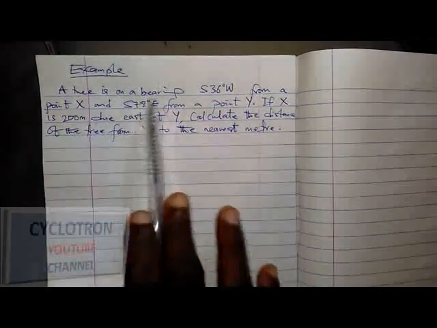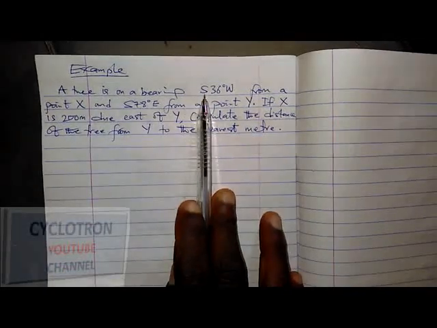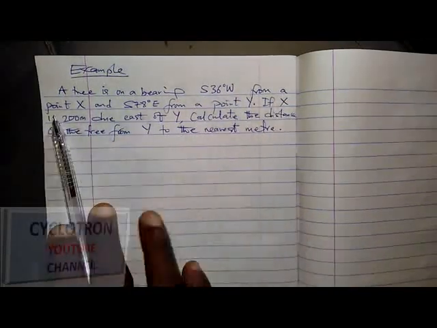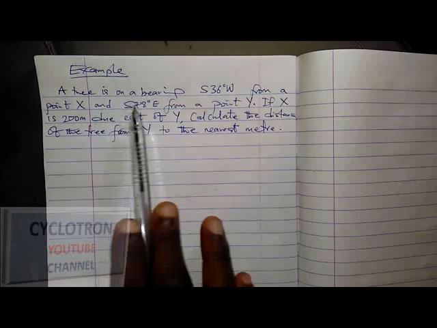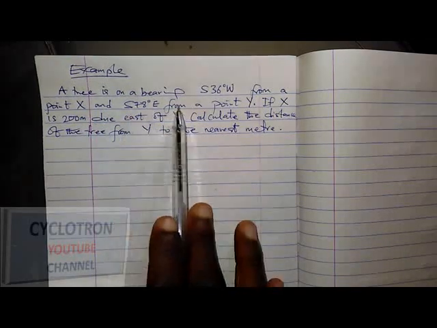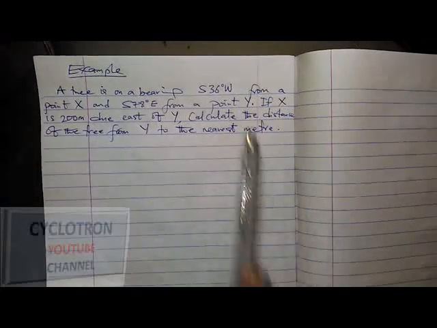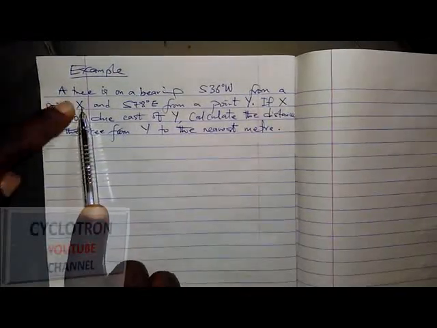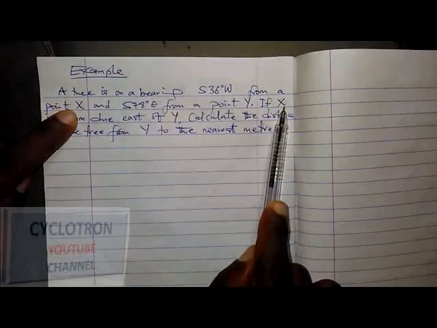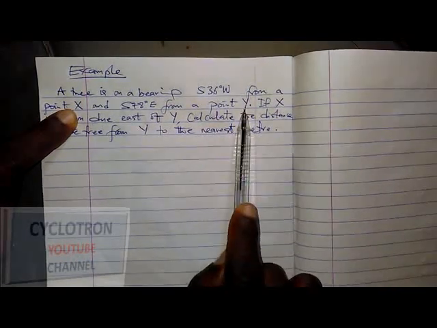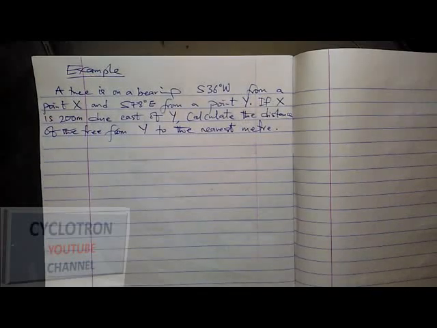So a tree is on a bearing 36 degrees southwest from a point X, and on this bearing from a point Y. So there are 2 points now, from a point X, from a point Y. Somebody at point X and somebody at point Y, they are viewing the same tree.